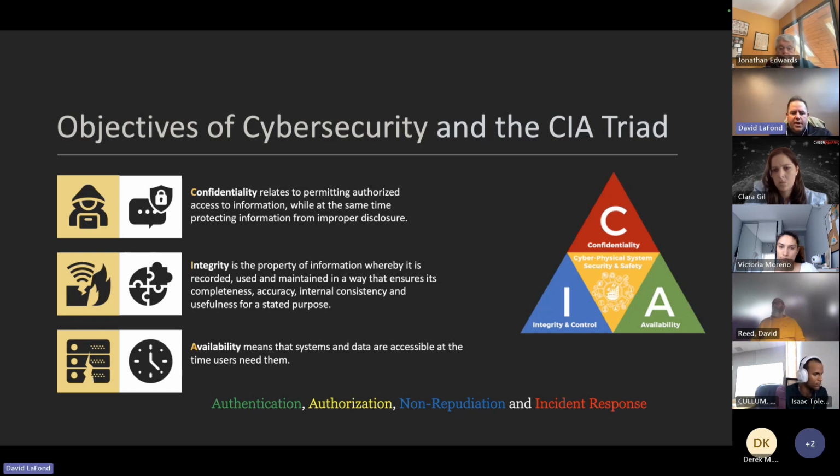Usually we refer to confidentiality in regards to privacy, so we would enforce that by controlling authorized access to data. We usually refer to integrity as maintaining data integrity, whereby the property of information that we've recorded is accurate.